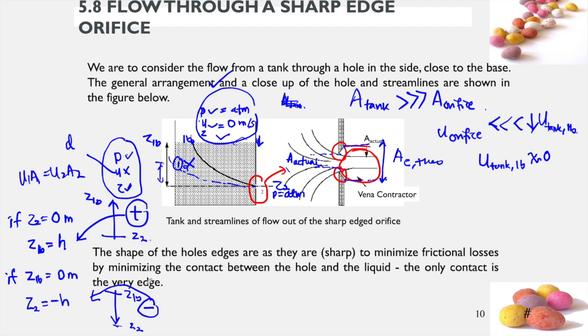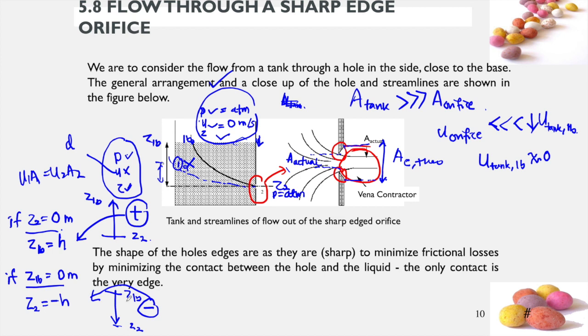So if your second point is below your datum point, based on your selection, z1b and z2, below your datum selection, therefore you have to substitute z2 with a negative value because it is below your datum.